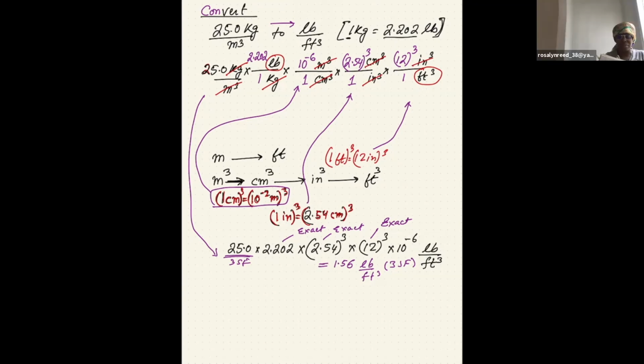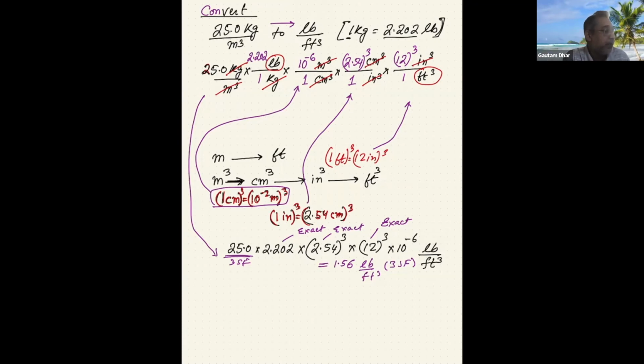All right. So see, how do you approach that problem? I can convert the kg to pound, and I can convert the meter cube to feet cube, right? So we are arranging it just like you did the dimension analysis for the hour and minute in the videos that I have. It is basically the same.